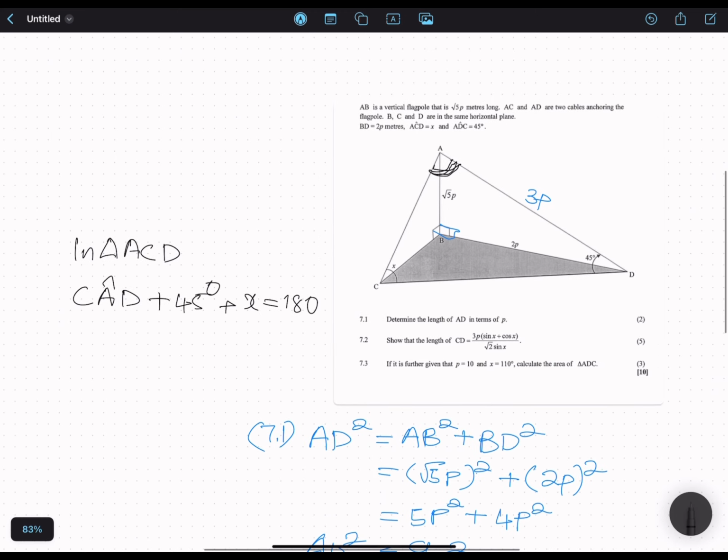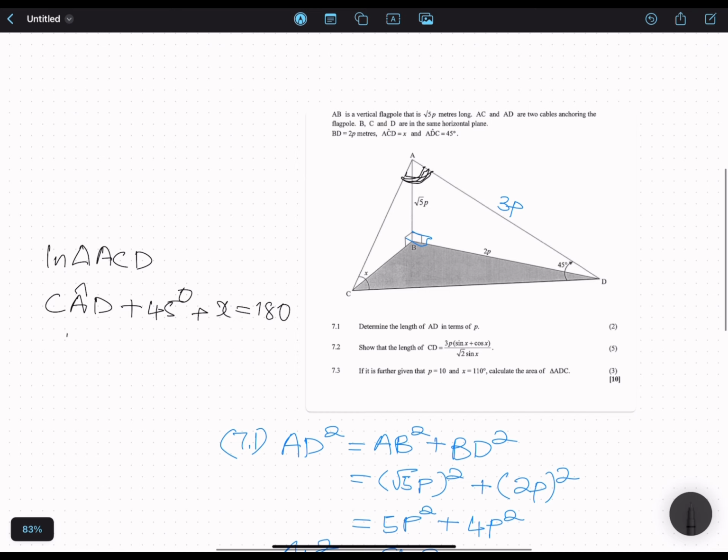This is because we know that the sum of the angles in a triangle is equal to 180. So when you simplify this, you're going to see that angle CAD is given by 180 minus 45, which is 135 degrees minus x, right? So this is the angle.